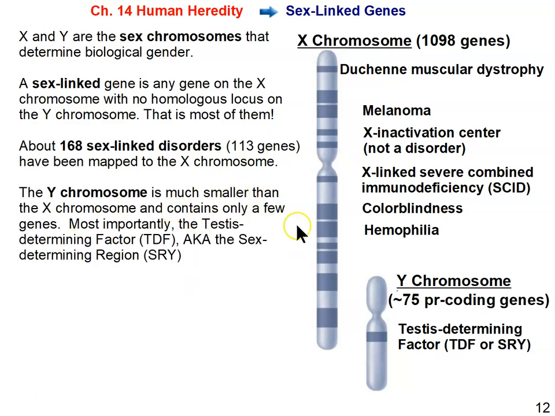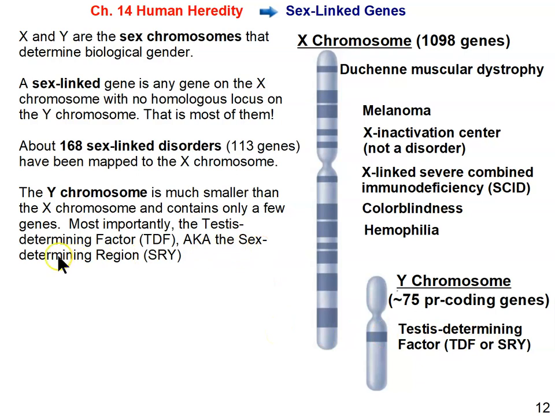The Y chromosome is much smaller and contains only a few genes. The most important is the testes determining factor, also known as TDF. That's the only one that's shaded here on the Y chromosome. Of the 75 protein coding genes on the Y chromosome, the most interesting or significant one is the testes determining factor.